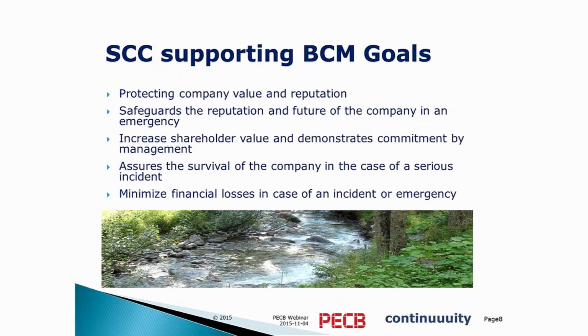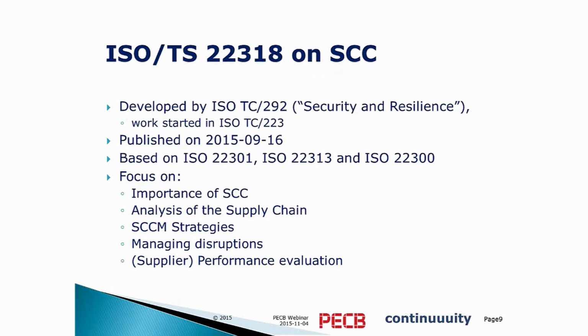Okay, some technical data of the standard itself. I think we have actually spoken about it. It was developed by TC 292 of ISO, the International Standards Organization. In parentheses, the work started back when the committee had another numbering, 223, but this is history.